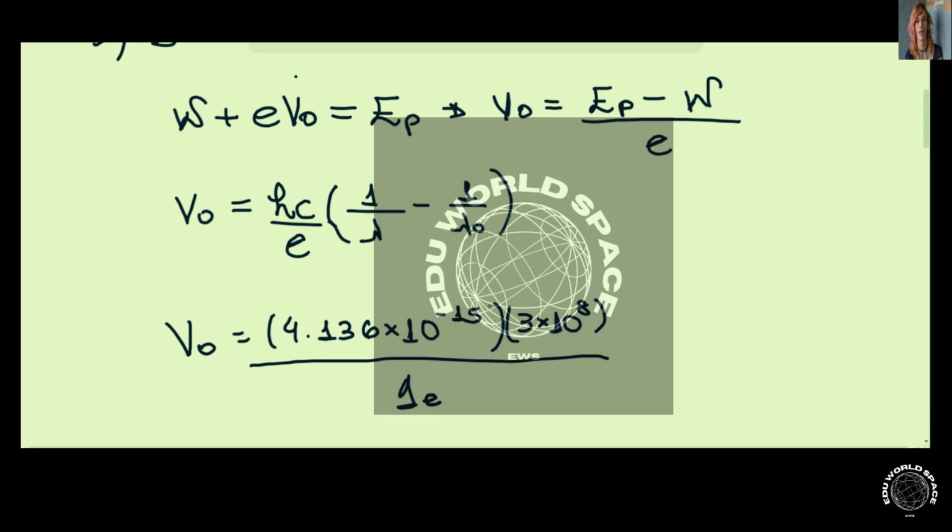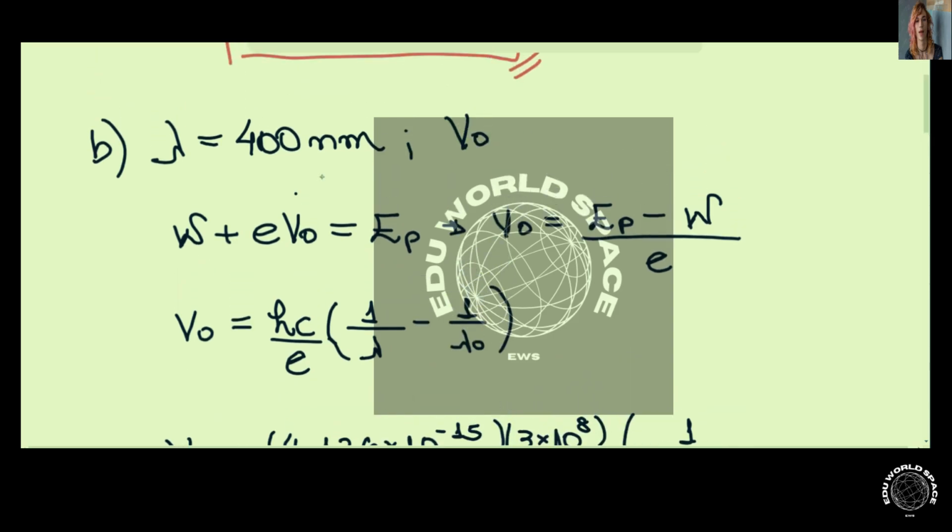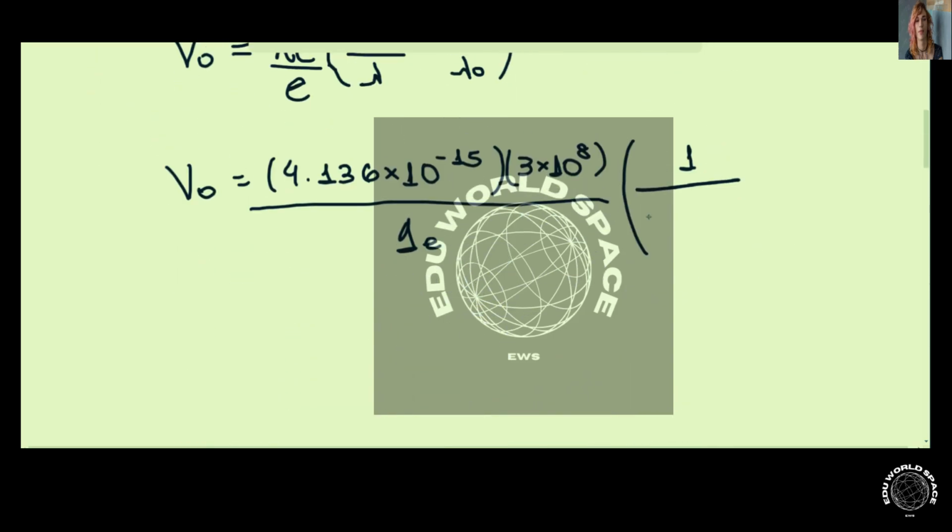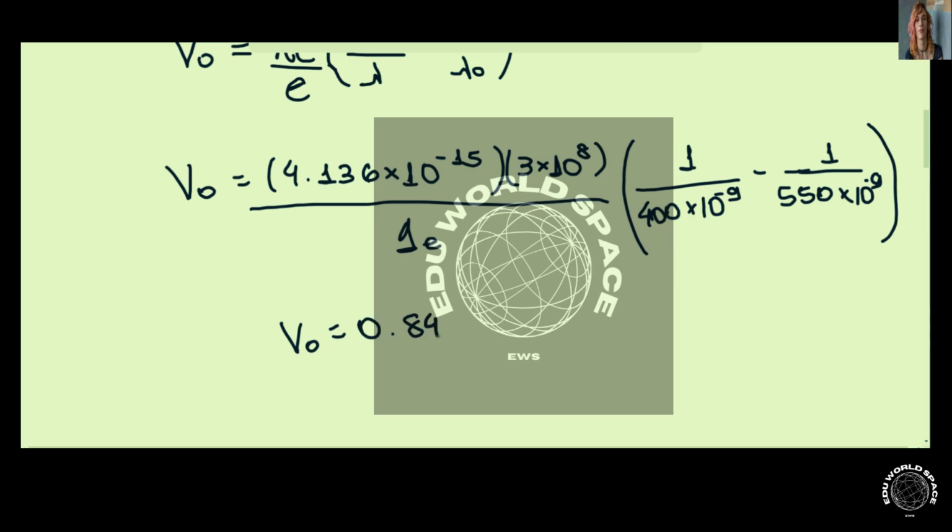So we have volts times second here, times 1 over the wavelength, 400 times 10 to the minus 9, minus 1 over the maximum wavelength, which is 550 times 10 to the minus 9. With this, you're going to find that the stopping voltage has to be 0.84 volts.